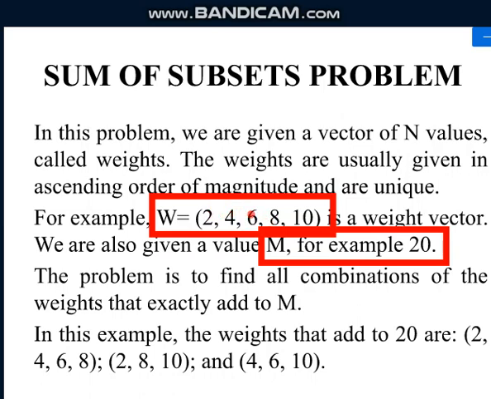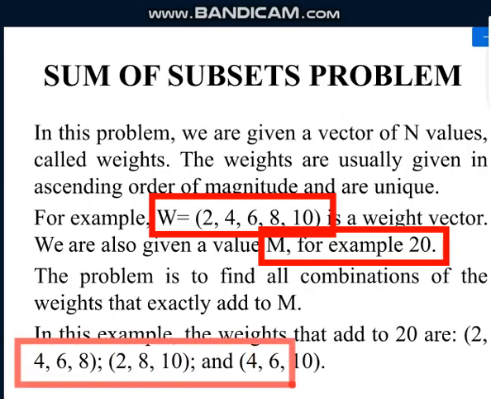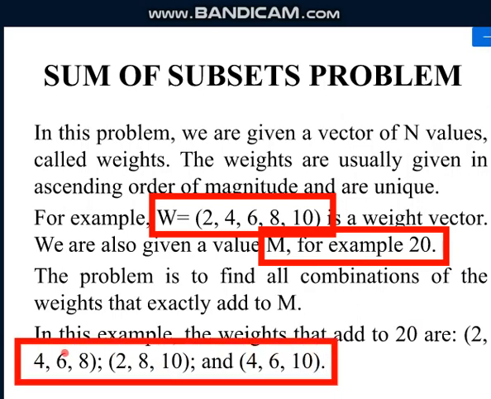So how many different subsets did you get from this set? You have got 3 different subsets. Look at this, the 3 different subsets are here. 2, 4, 6, 8 is one set, 2, 8, 10 is another set, and 4, 6, 10 is another set.